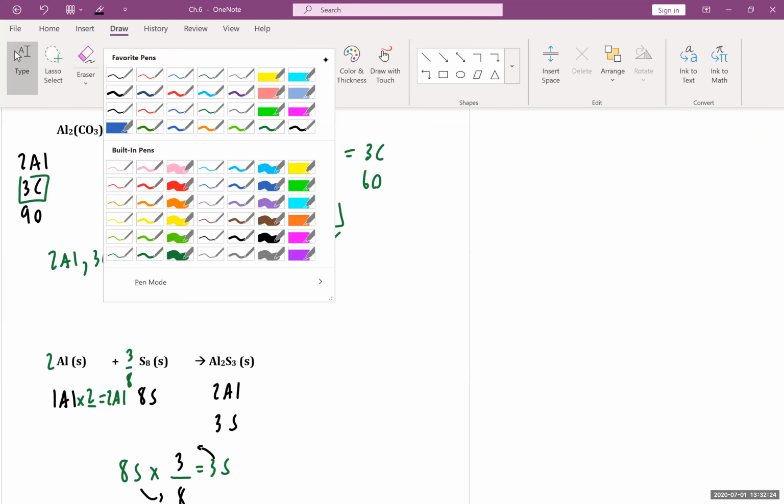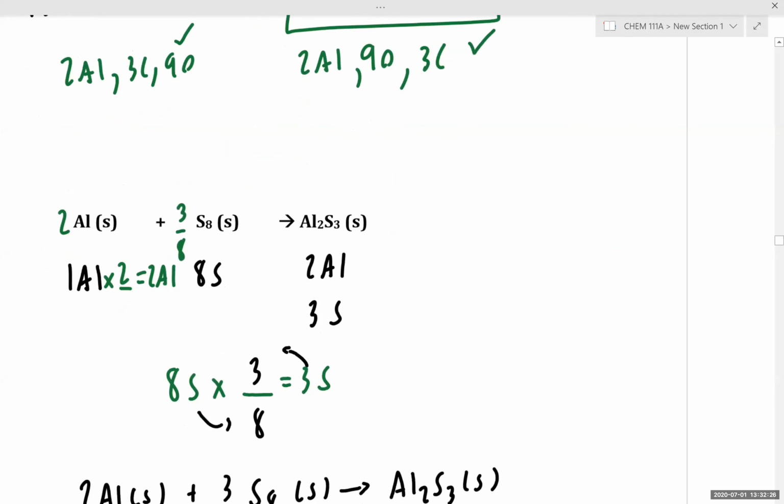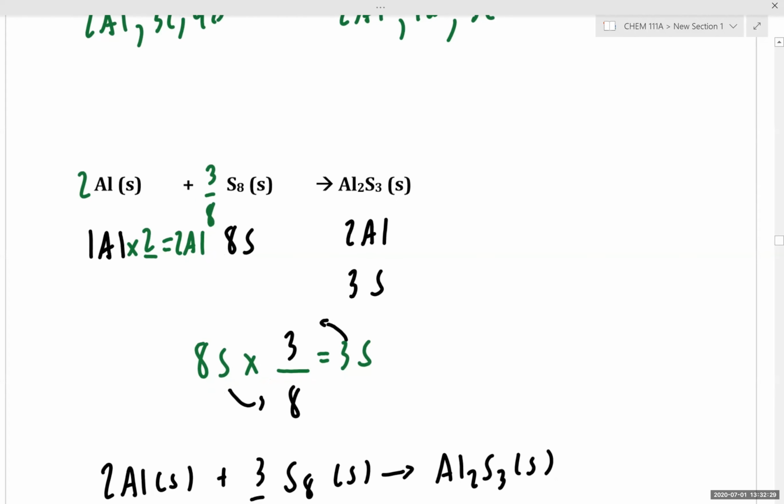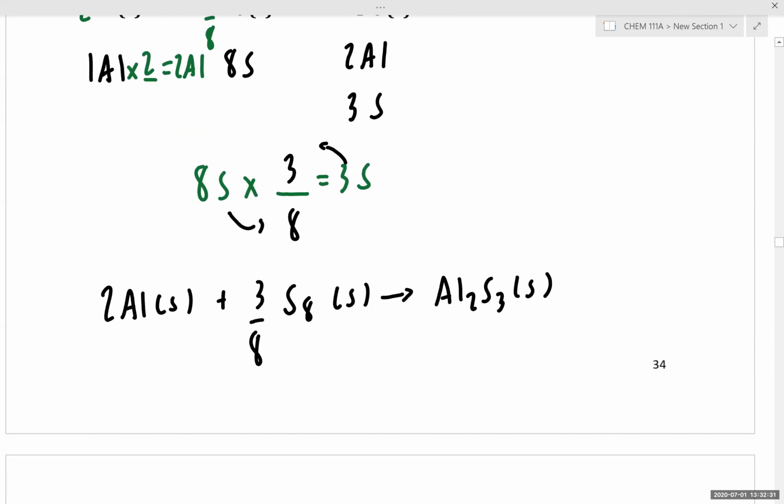Okay, so let's try to find a whole number coefficient that we can multiply all of our reaction coefficients by in order to give a whole number. Since we have an 8 on the bottom in our denominator, what should we multiply each of our coefficients by?